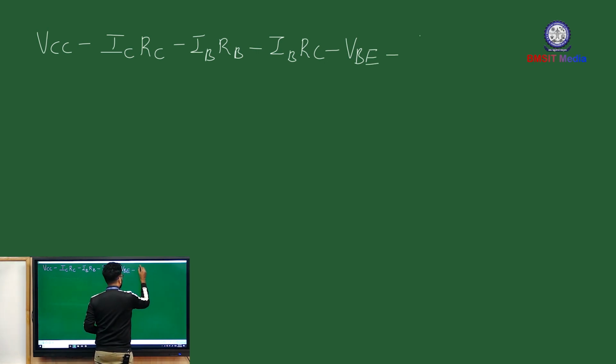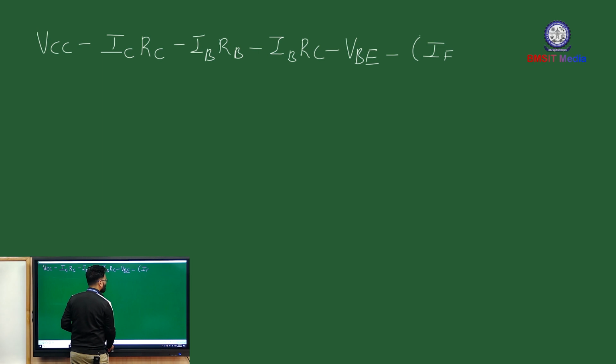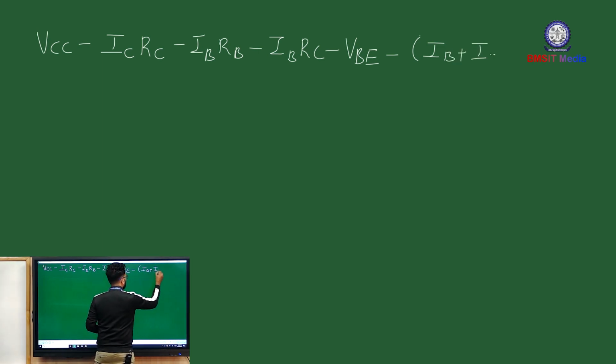So IE into RE can be written as again IB plus IC into RE is equal to 0.